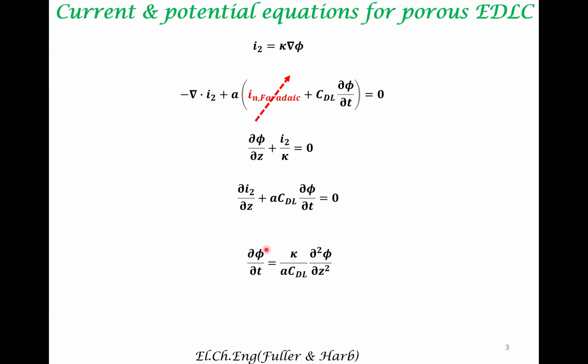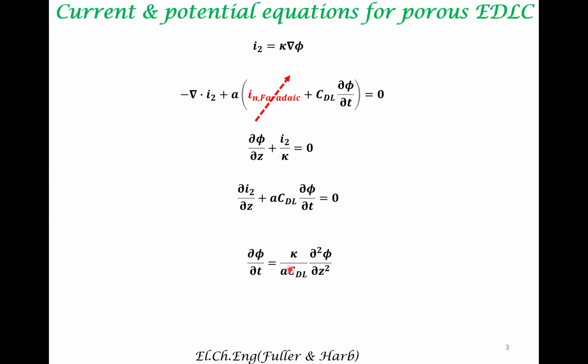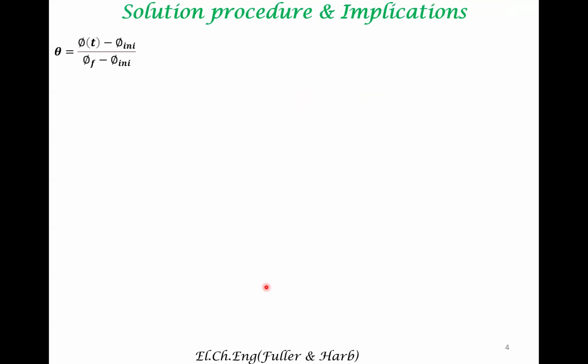The solution procedure for this equation is well established. We are not going to derive the solution, but we are going to just state the solution. So when you are looking at a partial differential equation of this form, the first thing you do is you non-dimensionalize the partial differential equation.